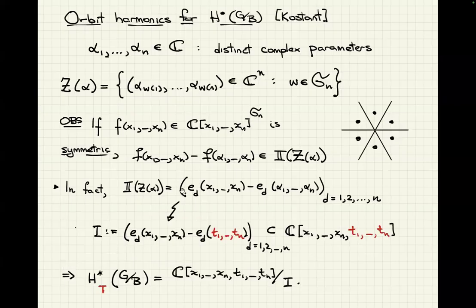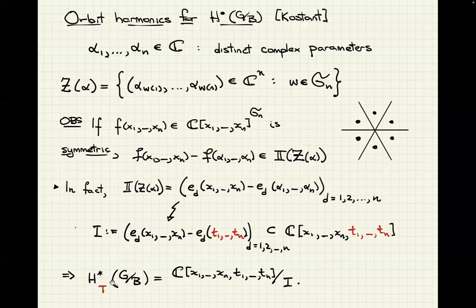And now what we're going to do is take these alphas, these things that were just complex numbers, and do kind of a mysterious thing. We'll replace the alphas with t's, right? So it's not going to be e_d in alpha 1, alpha 2 up through alpha n anymore. It'll be e_d in t1, t2 up through tn, right? So I'm going to look at this new ideal inside a polynomial ring in 2n variables generated by e_d in the x's minus e_d in the t's.